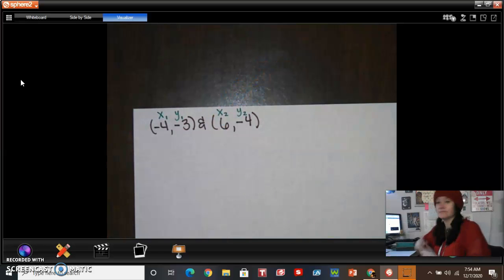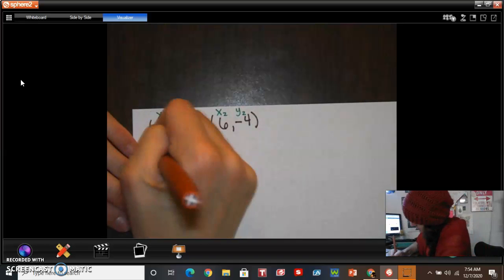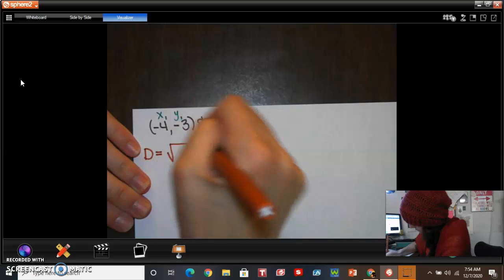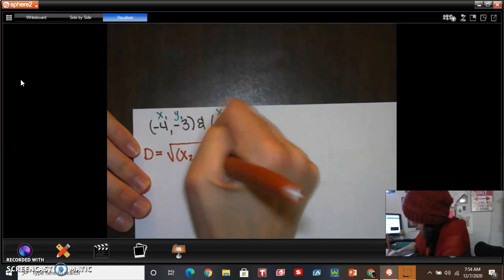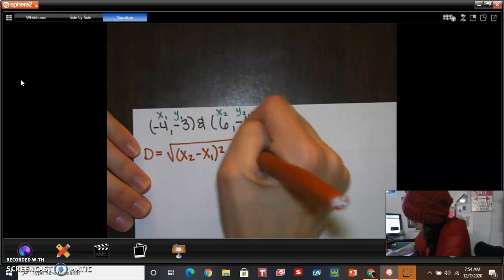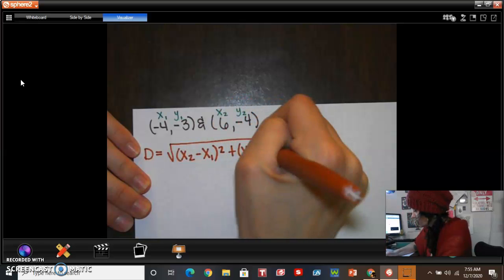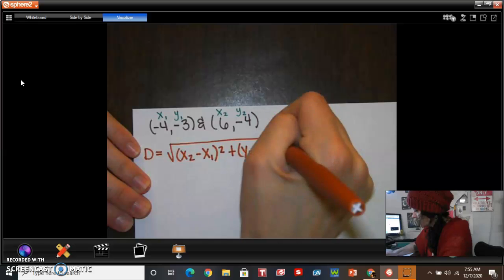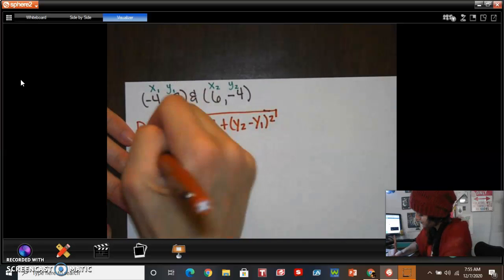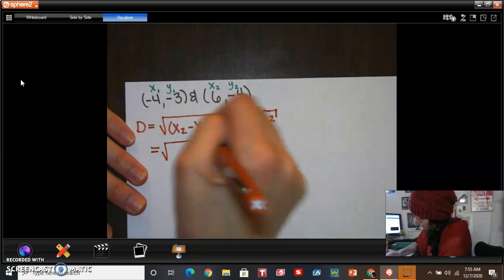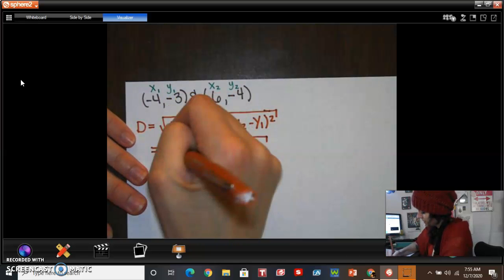All right. Next part after that, writing the formula. Distance is equal to the square root of x2 minus x1 squared plus y2 minus y1 squared. And then our next step after that is plugging in our information. Remember, do not drop that square root. You need to keep that in there.